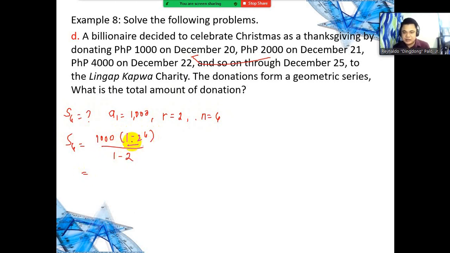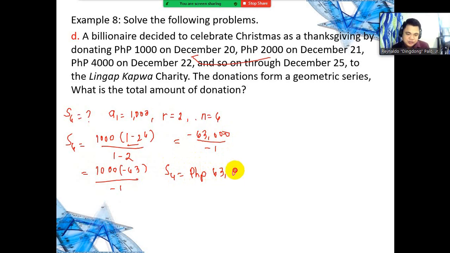Simplify this: 1 minus 2 raised to the power of 6 is negative 63. 1 minus 2 is negative 1. Then 1,000 times negative 63 is negative 63,000, divided by negative 1. How much is the total donation? It's 63,000 pesos. So on December 25, the billionaire had donated a total of 63,000 pesos.